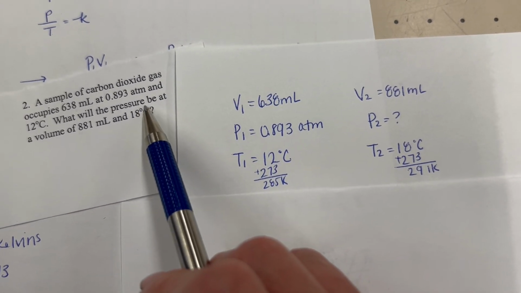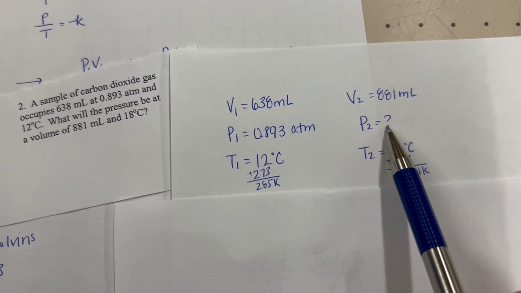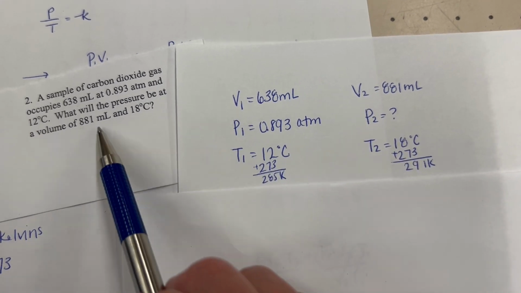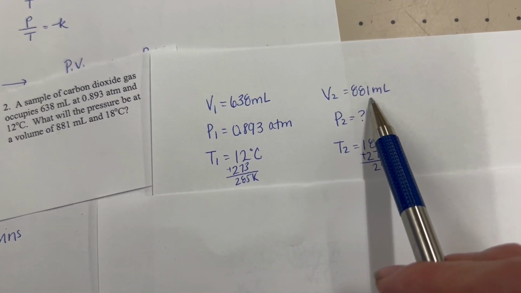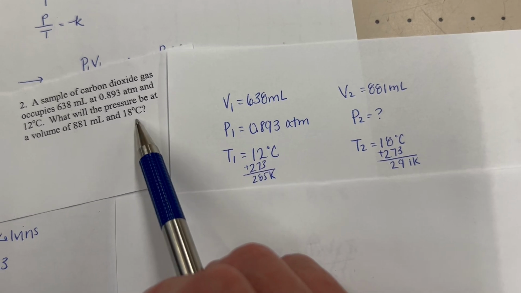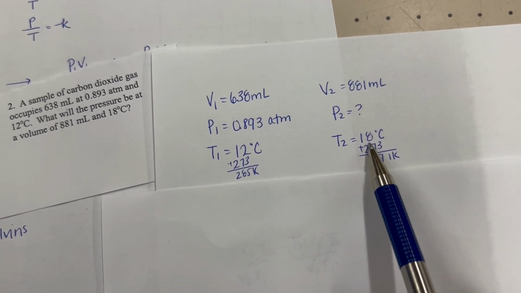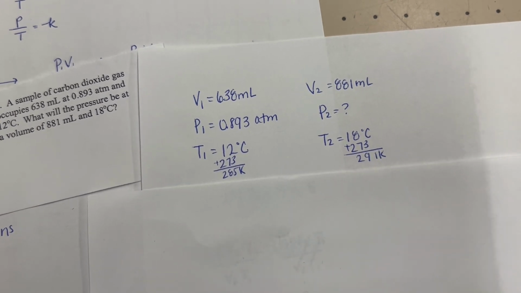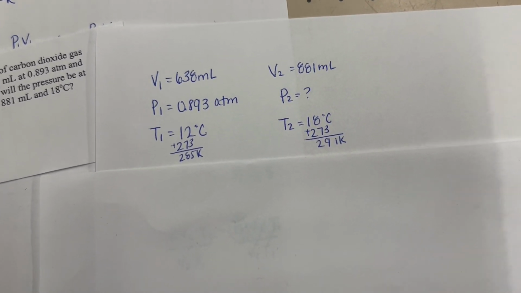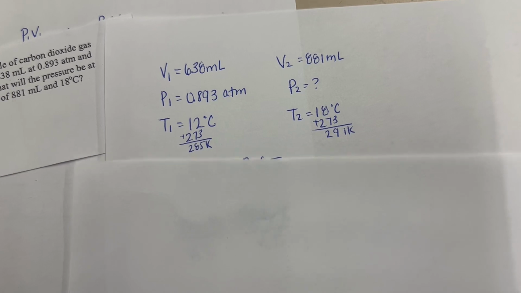What will the pressure be? So I'm looking for P2, when the volume becomes 881 milliliters, that's my V2. And my temperature changes to 18 degrees. Again, add 273.